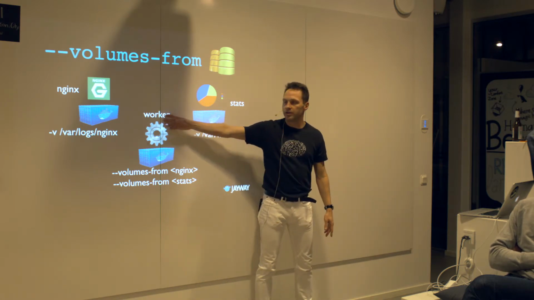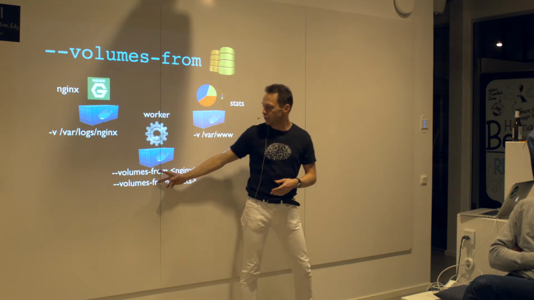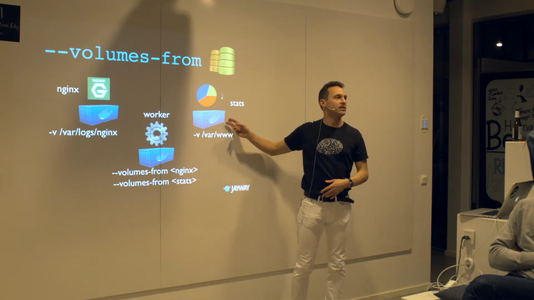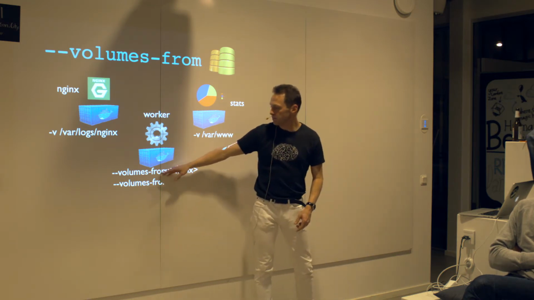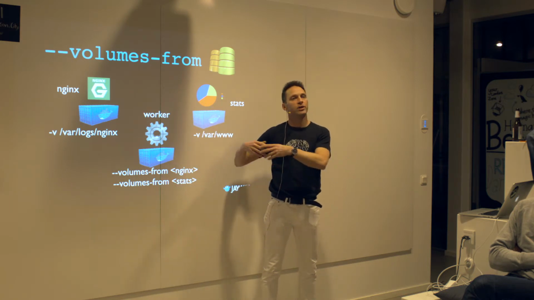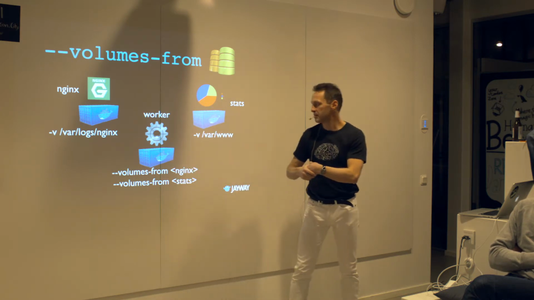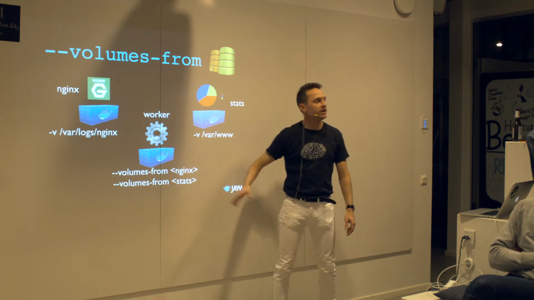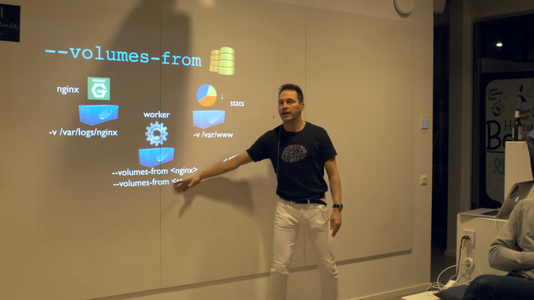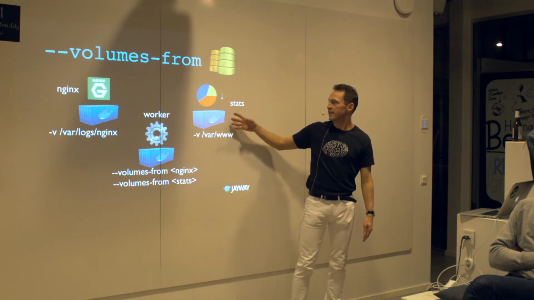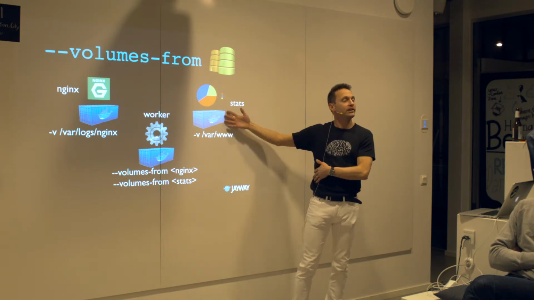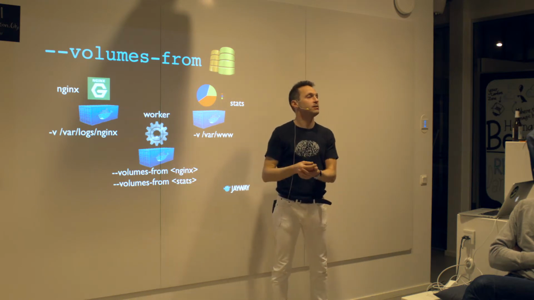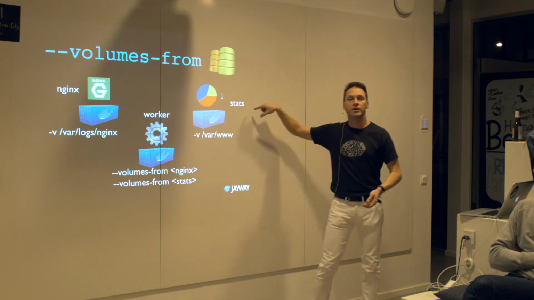And then I have a worker that uses the volumes from the nginx server, and it uses the volumes from the stats container, and it does some manipulation to the log files, and it will create some statistic images which it will store in /var/www on itself, and then finally it will be accessed inside this container. And in this one, the host file system is not involved at all in the moving of these files.